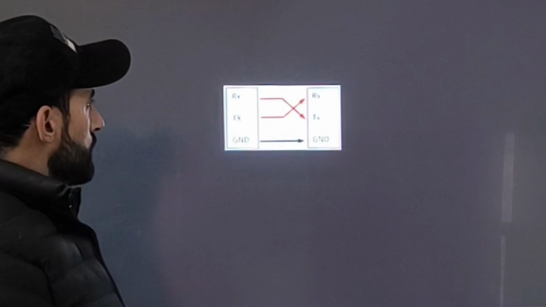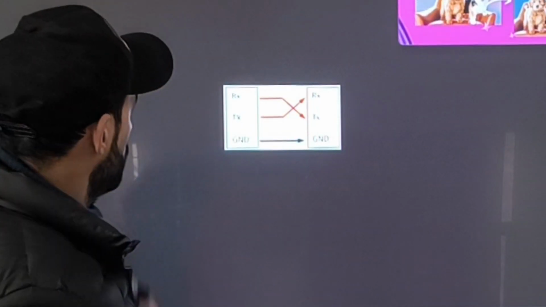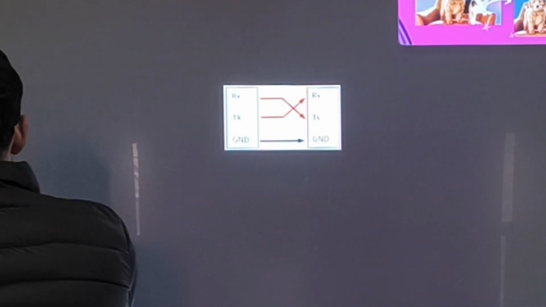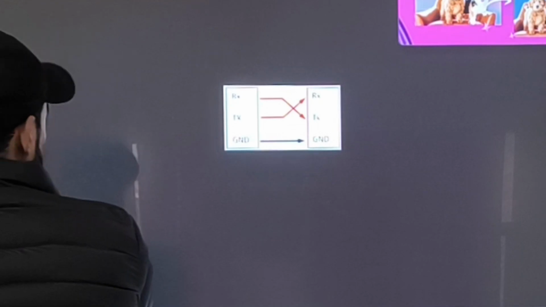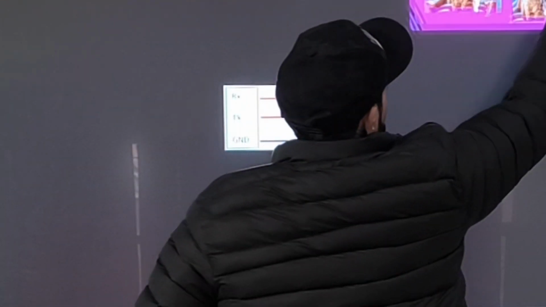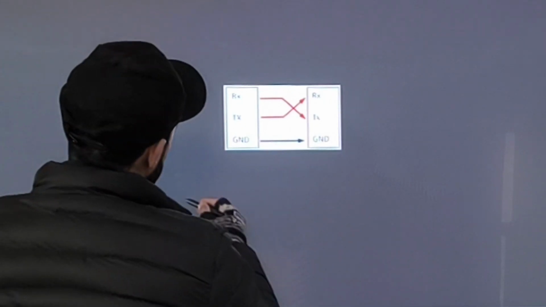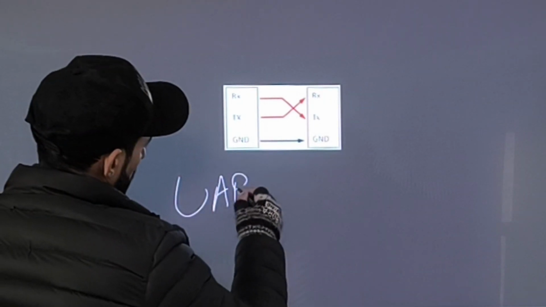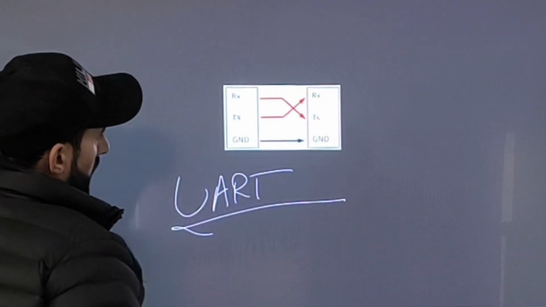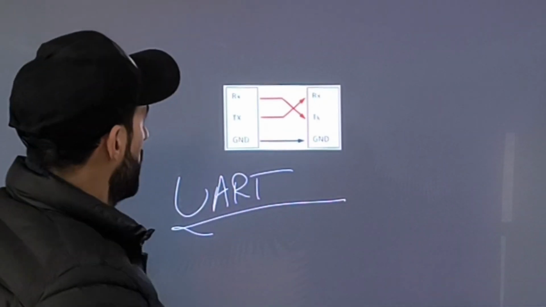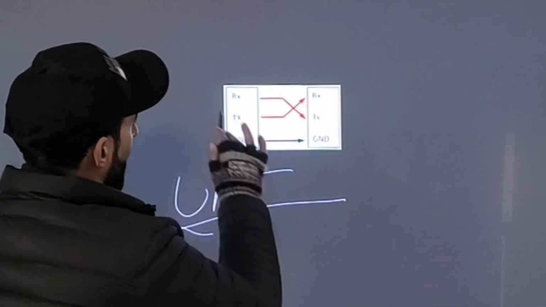The first one is UART communication, Universal Asynchronous Receiver Transmitter. Here we connect the RX of the sensor.